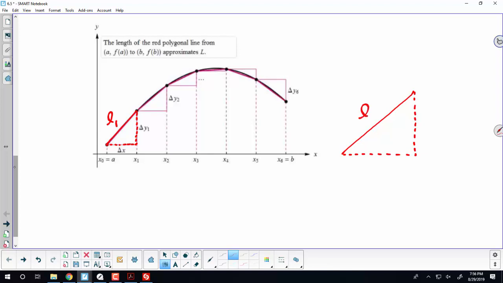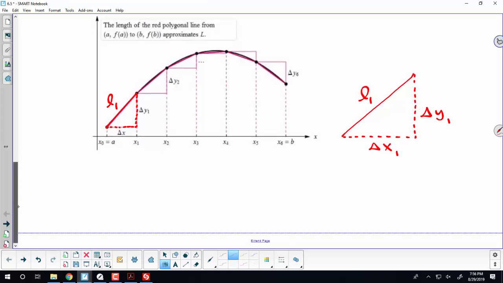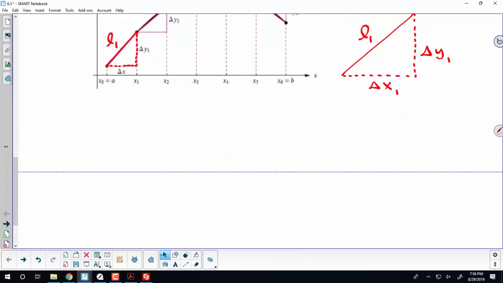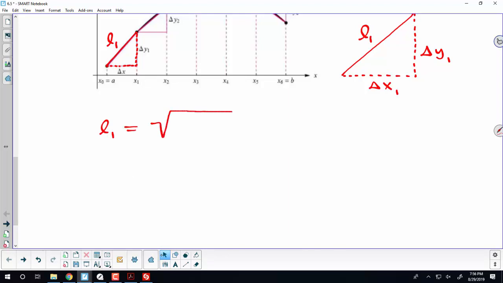All right, so this is our length 1. That's what we're trying to measure, length 1 from delta x1 and delta y1. To measure that length, we'll just use the Pythagorean theorem and say that L1 is the square root of delta x1 squared plus delta y1 squared.